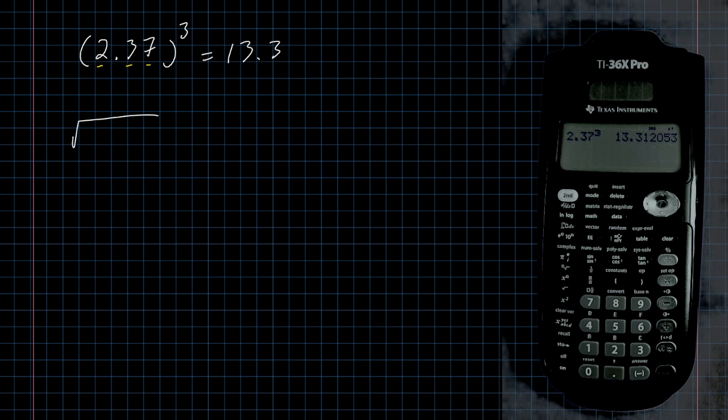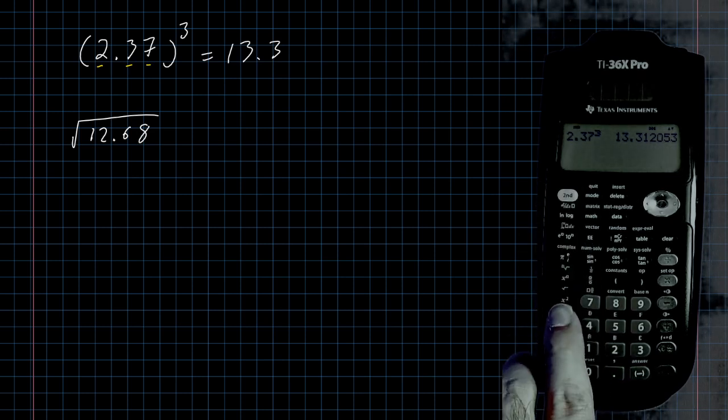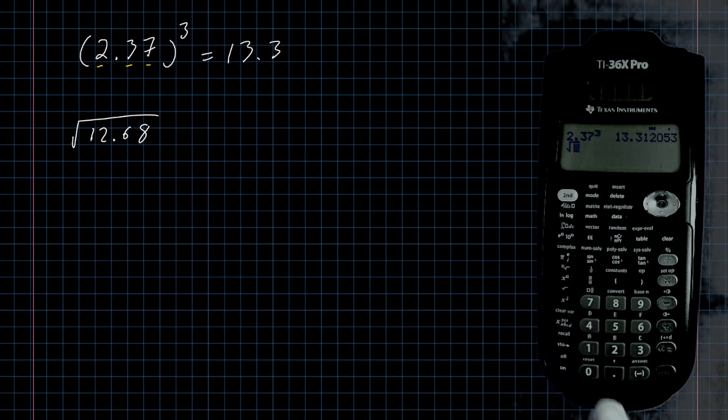The same thing happens with roots. If I want to take the root of 12.68, well, I can punch in second squaring gives me the square root. You can almost see it in blue above that there. And then we have 12.68.